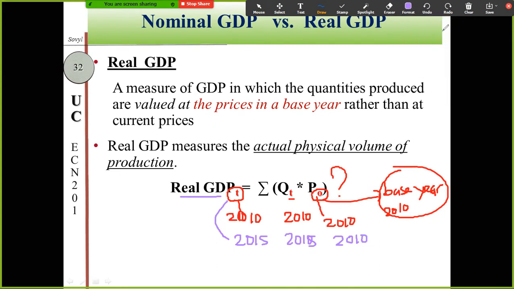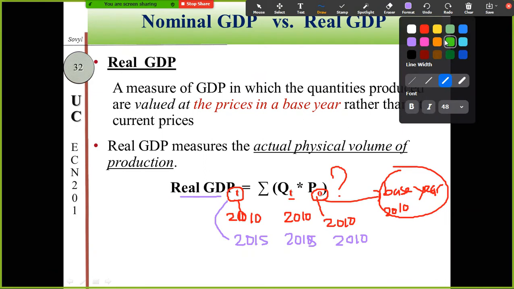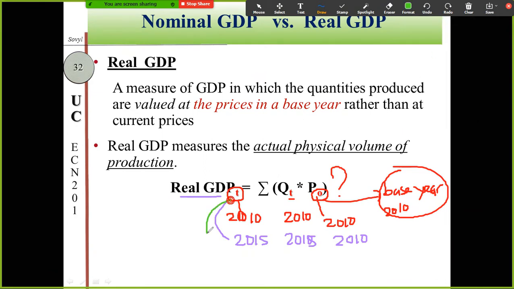If you want to find real GDP 2018, because t is 2018, this is Q_t, Q from 2018. But this is not P_t, this is P_0. What is P_0? P_0 is P from the base year. If we take 2010 as the base year, we multiply by the price from 2010.